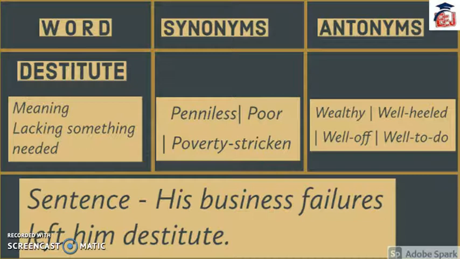Sentence: his business failures left him destitute. That means he needs money, but he did not get money at the time of need. So the real meaning of this word is lacking something needed. Move to the next word.